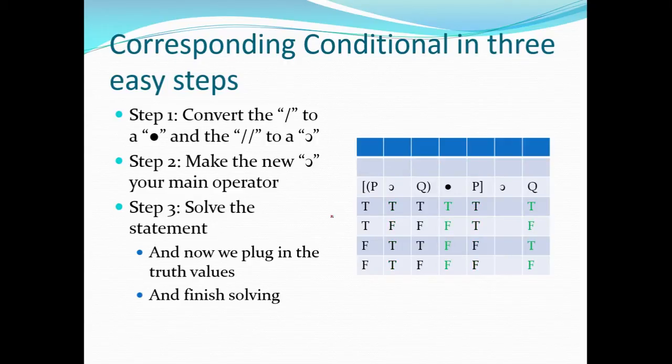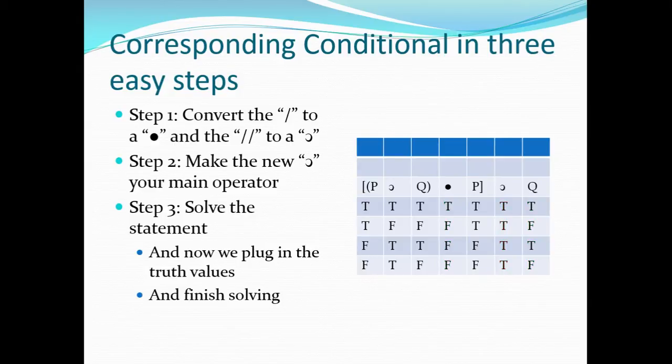And then for the final step, we're going to evaluate the dot with the Q to give us the horseshoe, and the horseshoe is our main operator. So you have true horseshoe true is true, false horseshoe false is true, false horseshoe true is true, and false horseshoe false is true. So this is true, true, true, true all the way down.